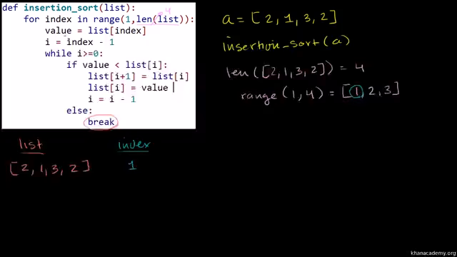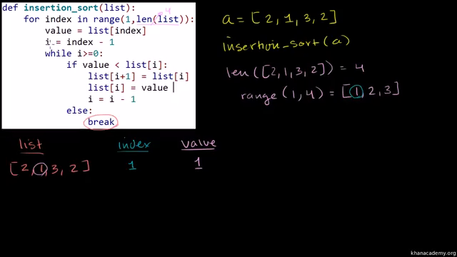And then over here we say value is equal to the index element in list. So let me define our variable value. So what is list of 1? What is the first element in the list? Is it the 0th element? This is the first element. So we're looking at this right over here. It is the first element.